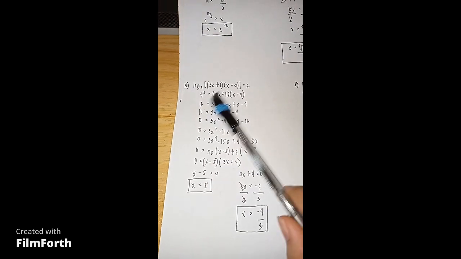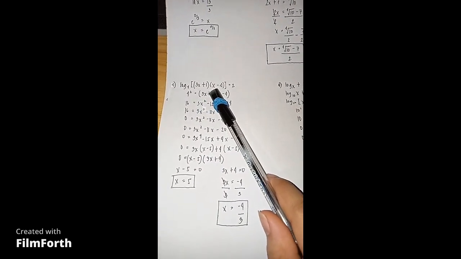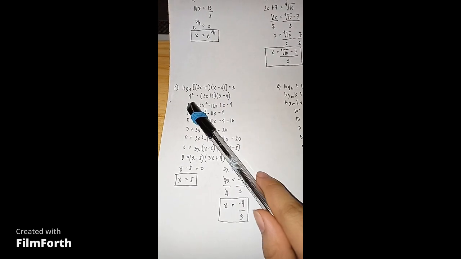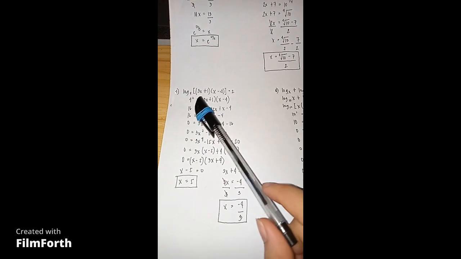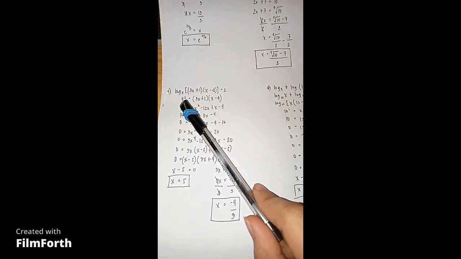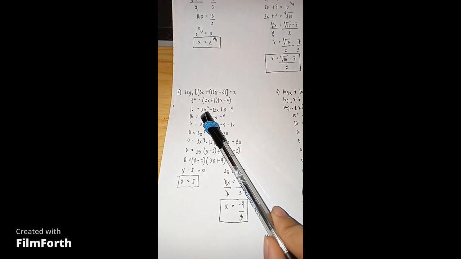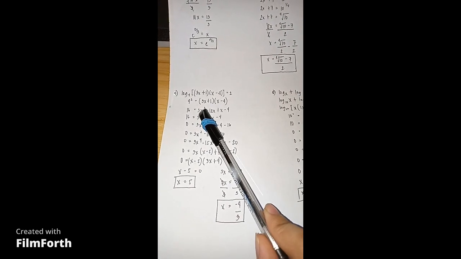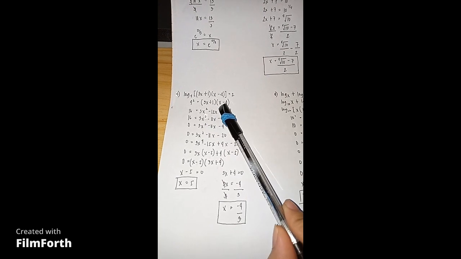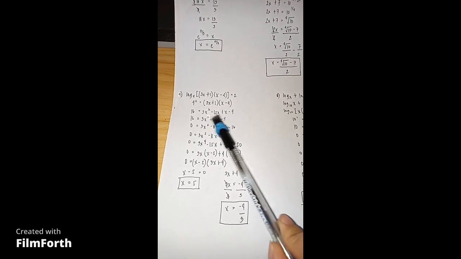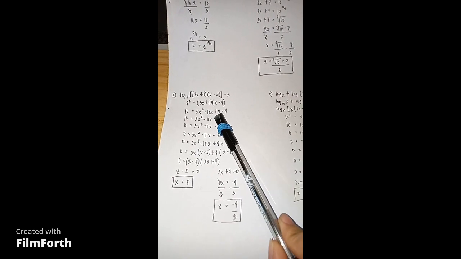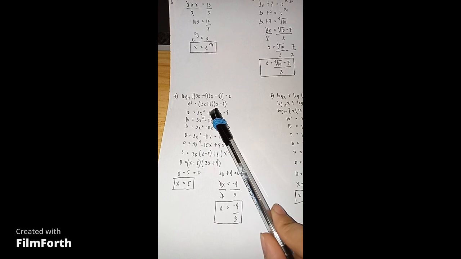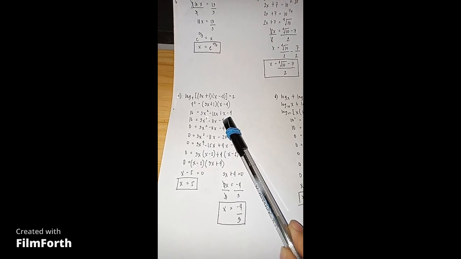So let's go to number 4. So log base 4 of (3x plus 1)(x minus 4) equals 2. So copy 4 and then the 2, and then copy. So 4 squared is 16, and then 3x times x is 3x squared. 3x times negative 4 is negative 12x, and 1 times x is x, and then next 1 times negative 4 is negative 4.